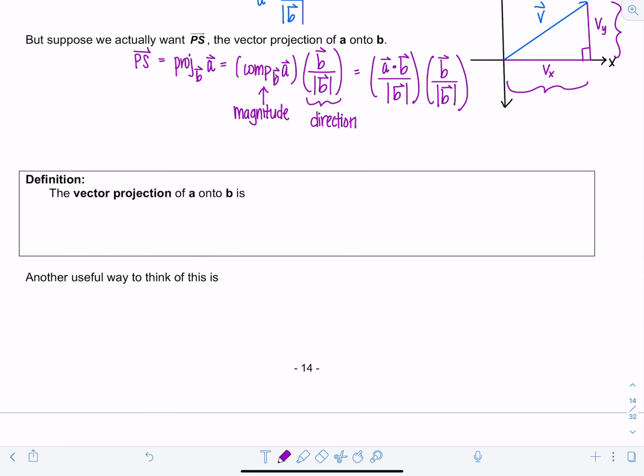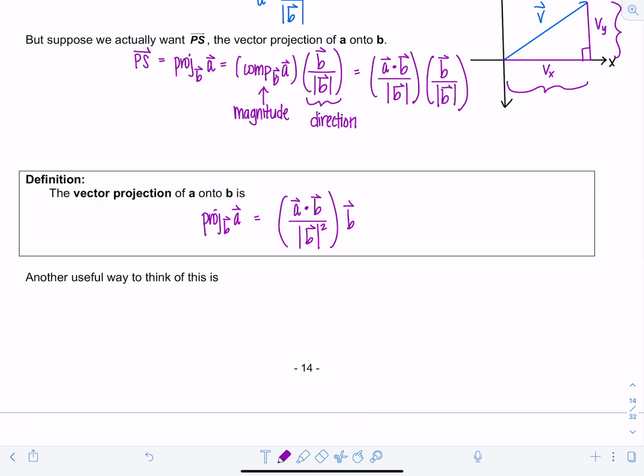We can clean it up a little bit. So we write the projection of A onto B. You read it backwards from how you write it, huh? Oh well, just get used to it. So this is going to be A dot B divided by magnitude of B squared, and then we're sending it along vector B. That's why it ends up being a vector quantity in the end.